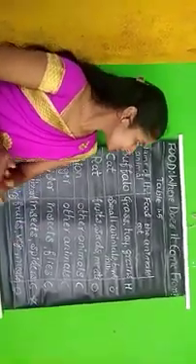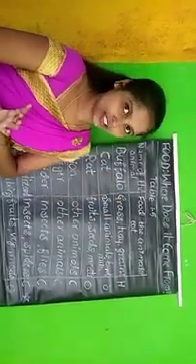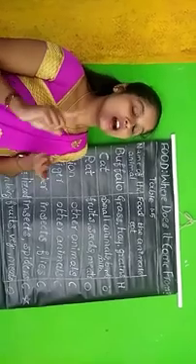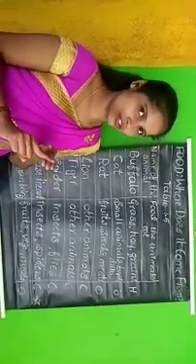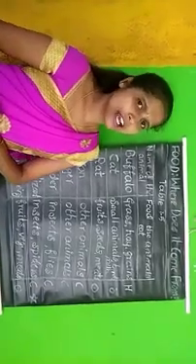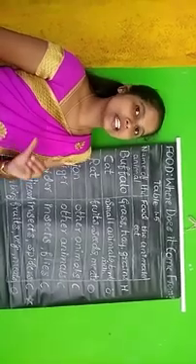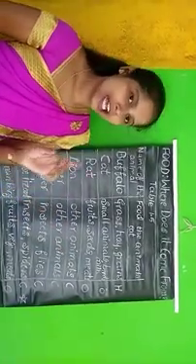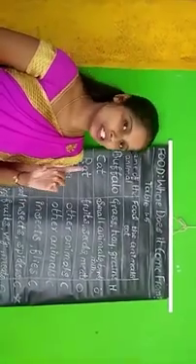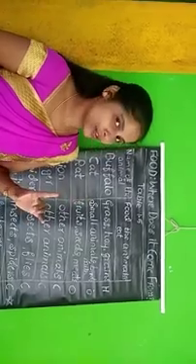Based upon the food the animals eat, we have divided them into 3 parts: herbivorous, carnivorous and omnivorous. What do you mean by herbivorous? The animals which eat only plants or plant products are called herbivorous.